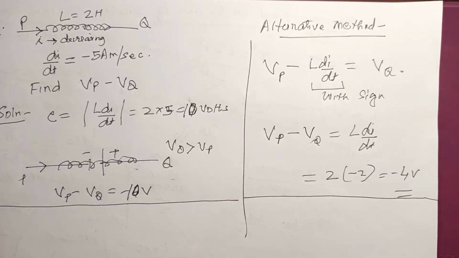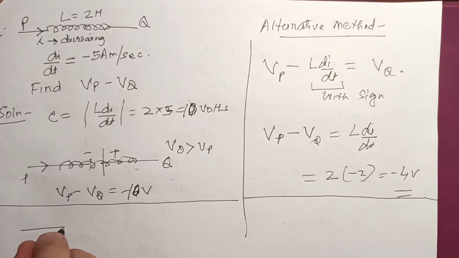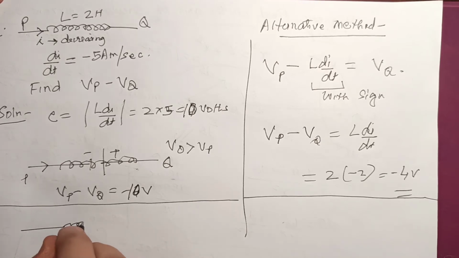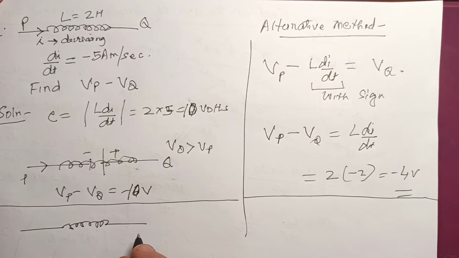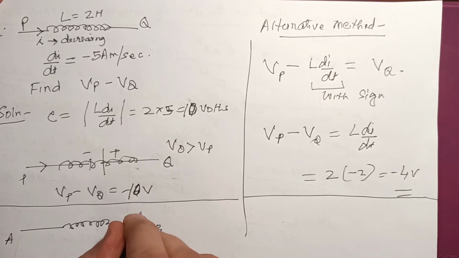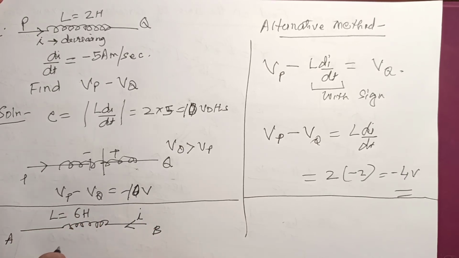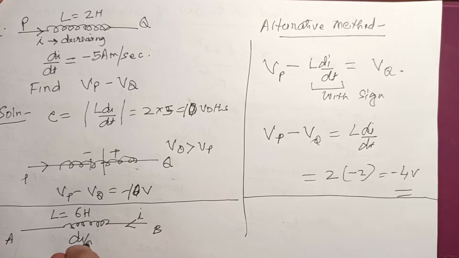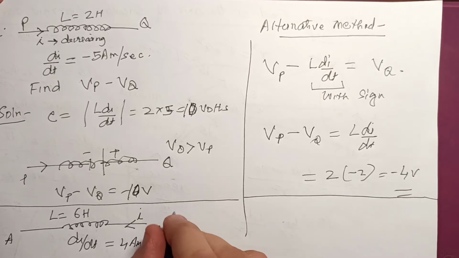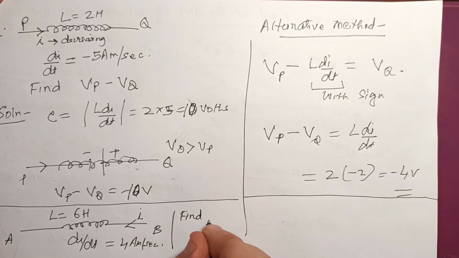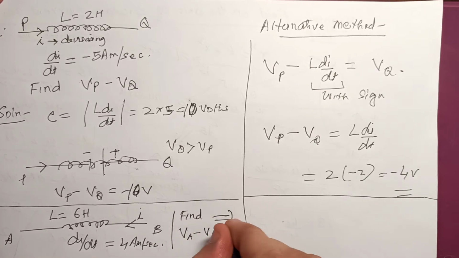Now let me take another question where it's something like this, as you can see, and this is A, this is B, current is flowing in this direction, L is equal to 6 Henry, and let's say di by dt is equal to 4 ampere per second. Now we have to find VA minus VB. So here is the solution.